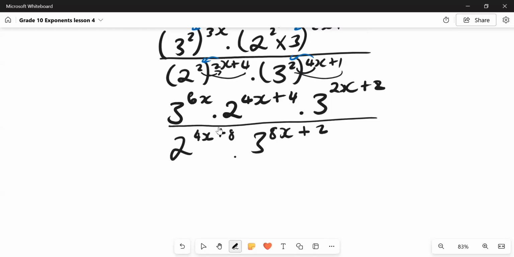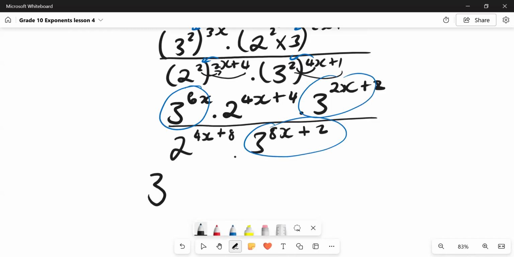We start with all the threes. 1, 2, as well as 3. So you'll have your 3, and then it's 6x plus 2x plus 2. Denominator, which means we subtract their exponents.